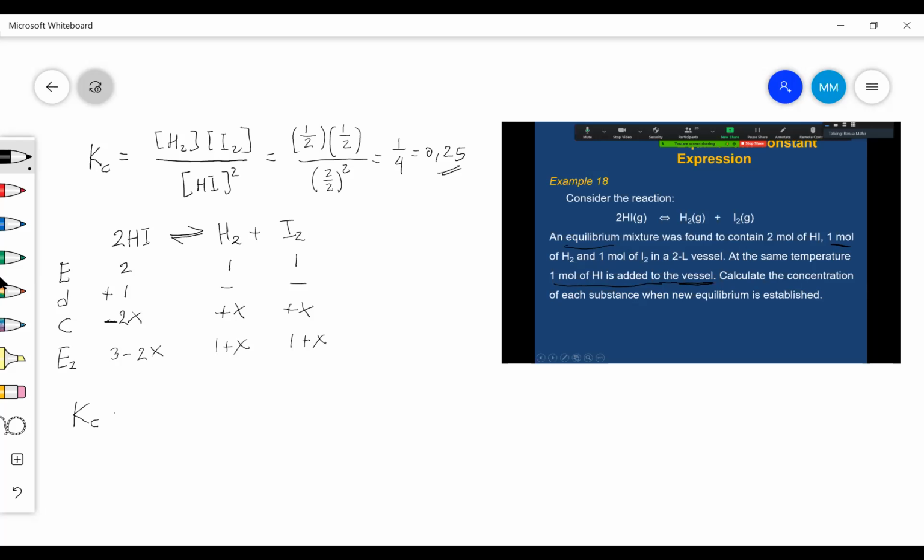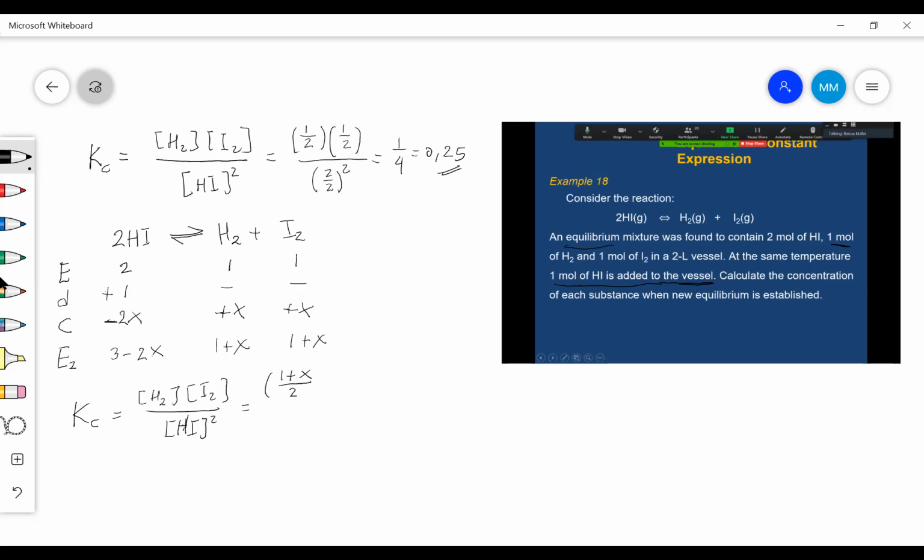Kc will be equal to the concentration of H2 times the concentration of I2 over the concentration of HI squared. Now, the concentrations of H2 and I2 are the same, right? 1 plus x divided by the volume, which is 2.